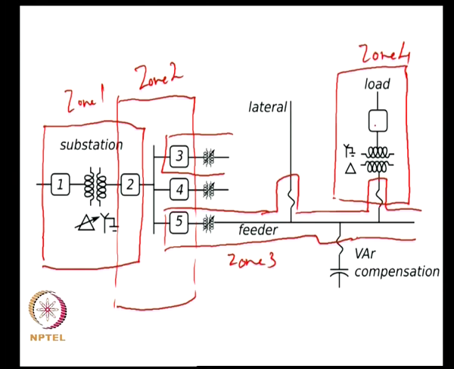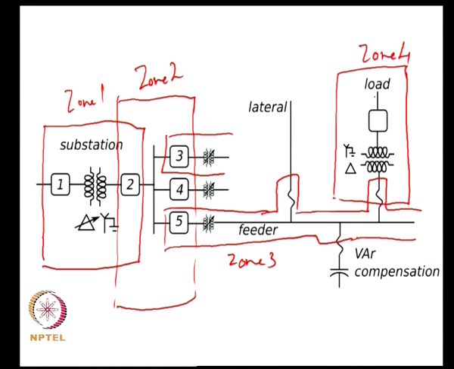So, if a fault is there in zone 4 of this particular system, you would like this particular breaker or fuse to open, and you do not want the remaining portions of the feeder or even the adjacent feeders to get disturbed by the fact that you have a fault somewhere there.